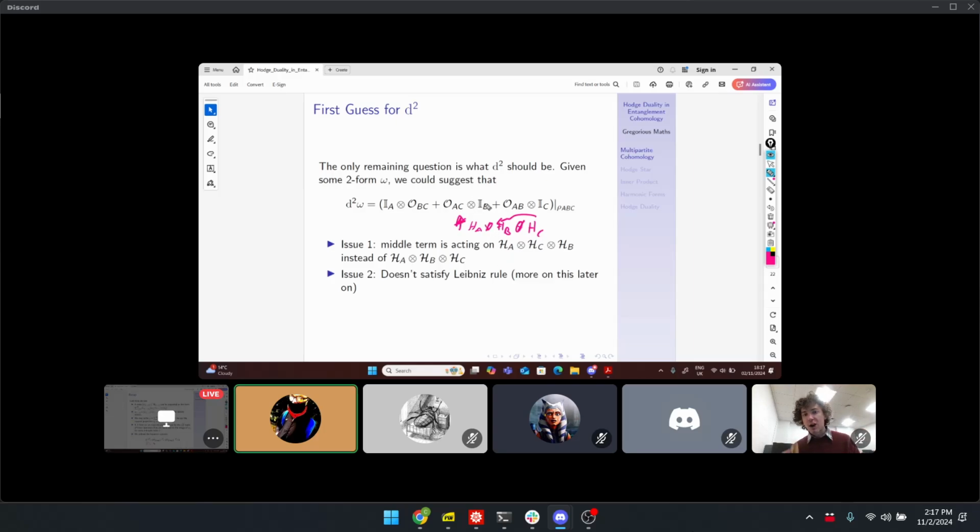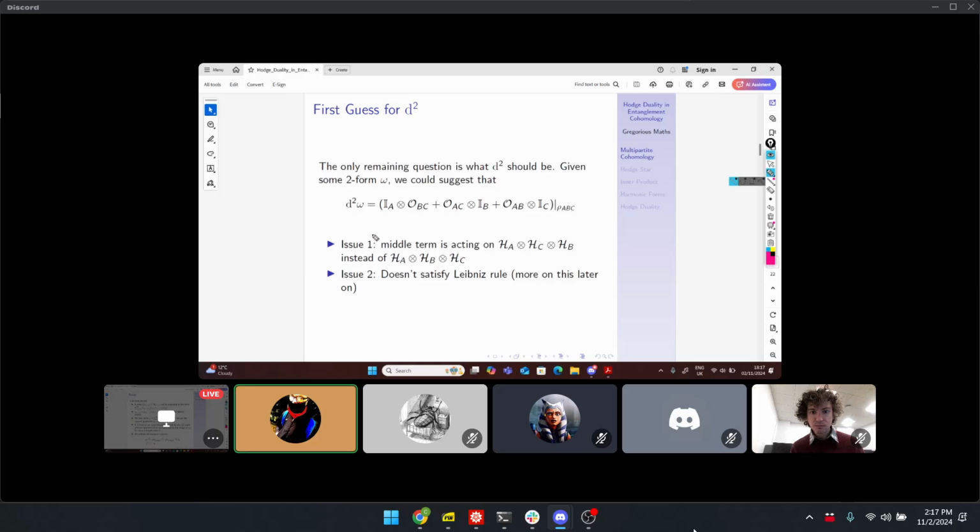And another slightly more minor issue, but still an issue which we'd like to address, is that it doesn't satisfy the Leibniz rule. Obviously, right now, because we don't have a notion of the wedge product, that doesn't mean anything. But later on, when we define the wedge product, we would be able to show that this doesn't actually satisfy the Leibniz rule. But thankfully, there is an easy fix for that, which I'll explain in the next slide.